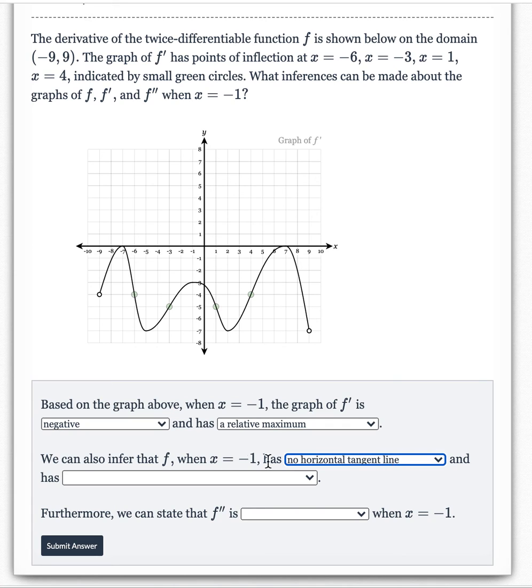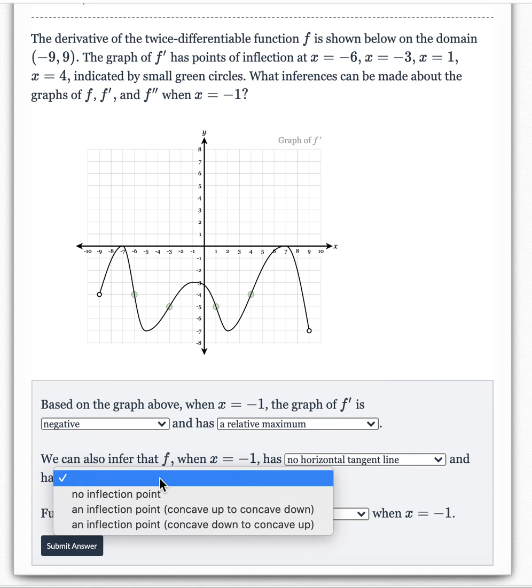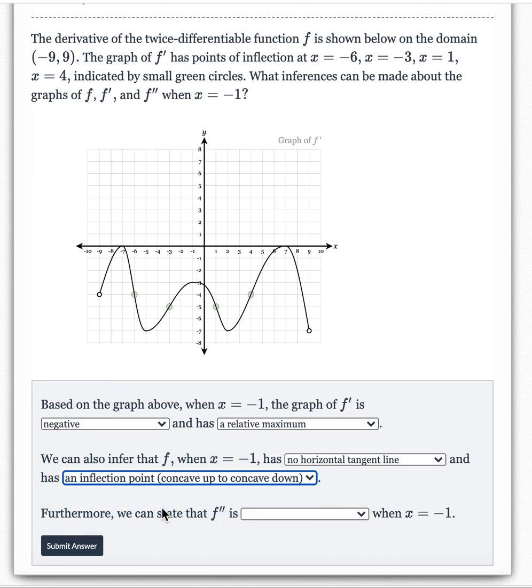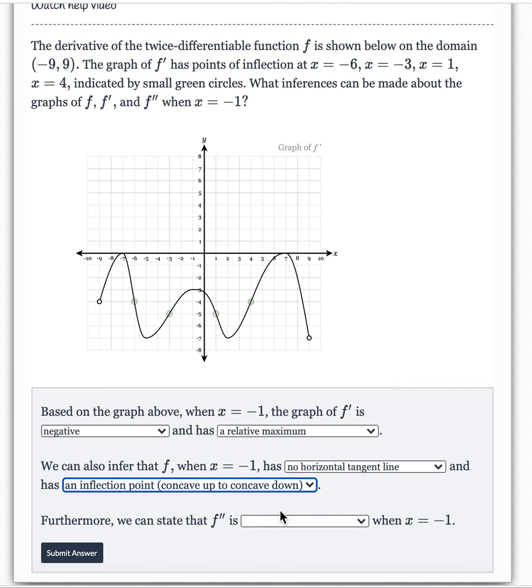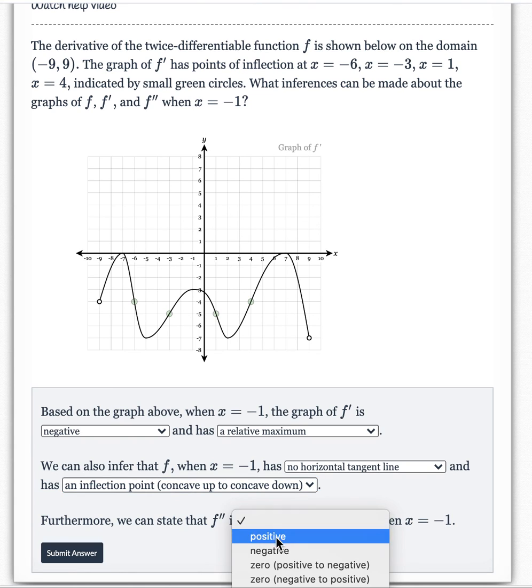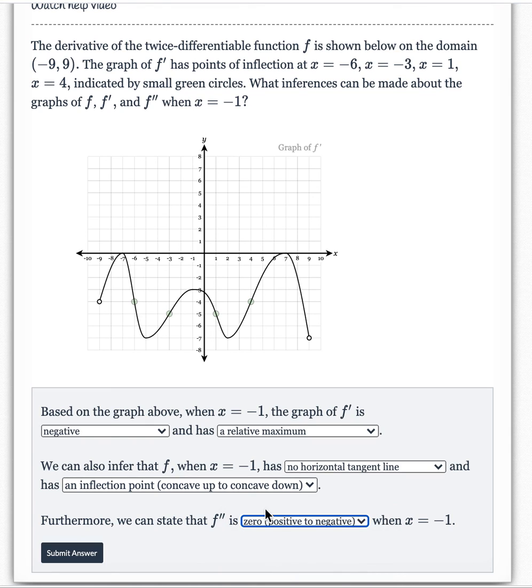We also know that there is an inflection point from concave up to concave down here because I went from increasing slope to decreasing slope. Increasing to decreasing slope is going to be an inflection point. Furthermore, we can state that f double prime is 0 going from positive to negative because there is a relative maximum when x equals -1.